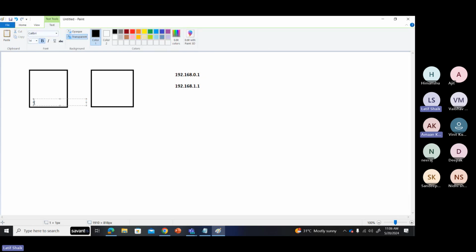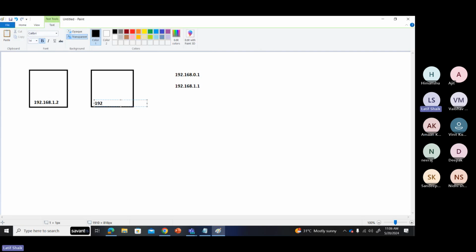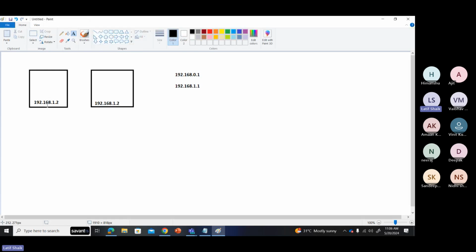For example, these two devices are in the same network, in the same LAN communication. If I put the same IP address on both, then it is a conflict. So I compulsorily have to use a different host address.